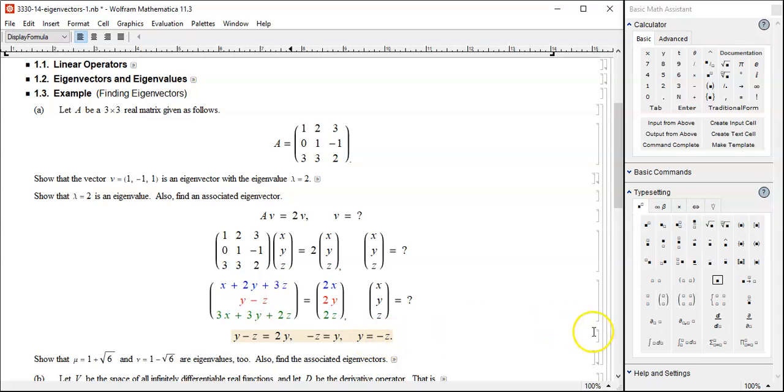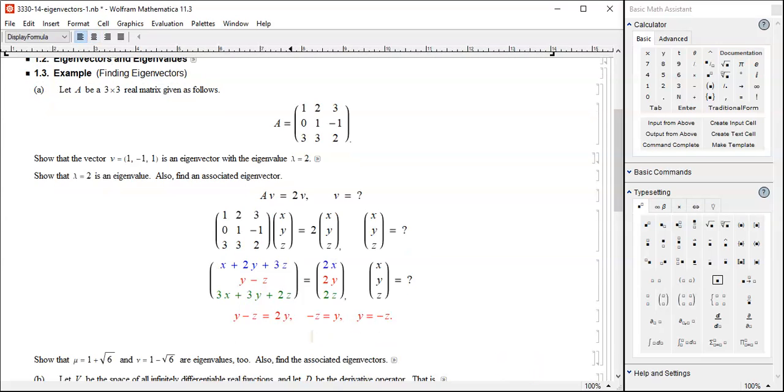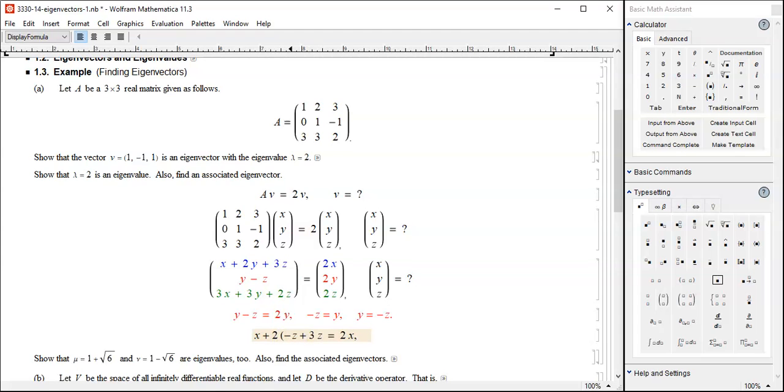Okay, how about this? Does it make sense? Okay, let's put it into the first line. x plus 2y plus 3z is equal to 2x. But then again here, y is equal to negative z.